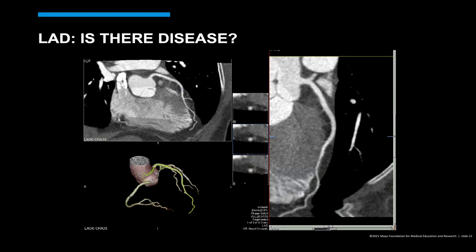Yeah, so this is a pretty straightforward, simple question. These are reformatted images from a coronary CTA. This is a multiplanar reformatted image up on the top, a curved planar reformatted image here on the right, where we stretch out the vessel into a straight line in a single plane. And then we have a volume rendered image down here in the bottom left.